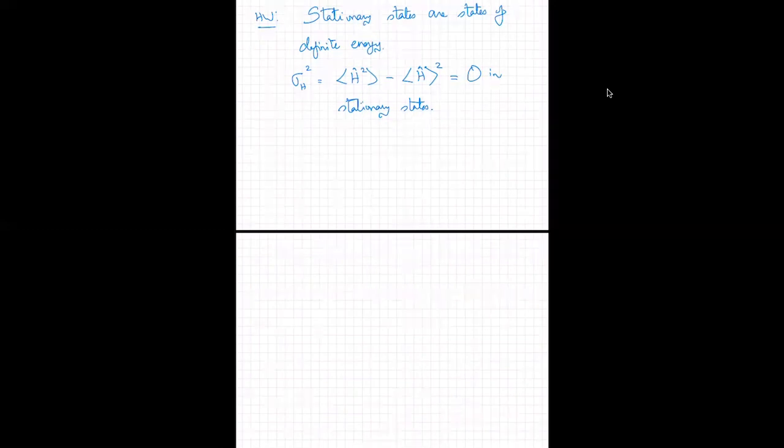The third comment that I want to make, the last comment for today's lecture, is the notion of a conserved current or a conserved probability and the setting up of what is called the continuity equation.